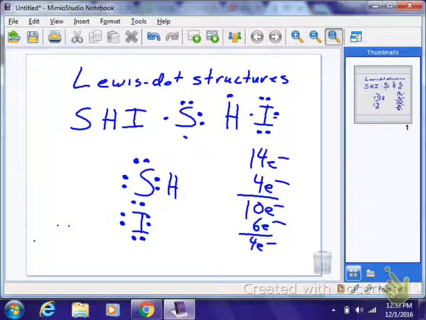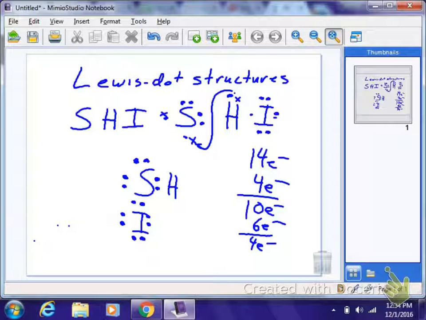Let's take a look at our original ones. So here's sulfur. Sulfur needed 1 there and 1 there to get 8. And so if you notice that hydrogen needed that 1, so that hydrogen would go there. And if I did it right, I would have positioned it just perfect, and we could do that.